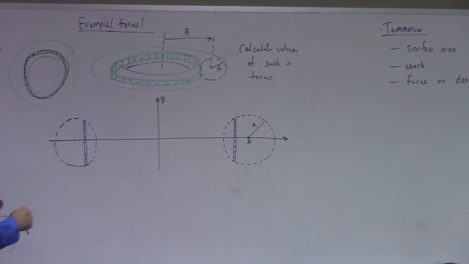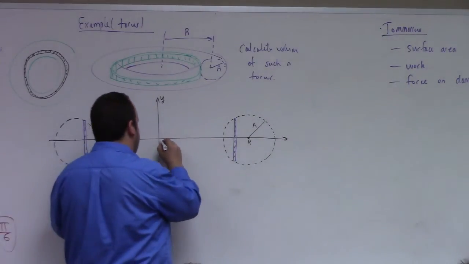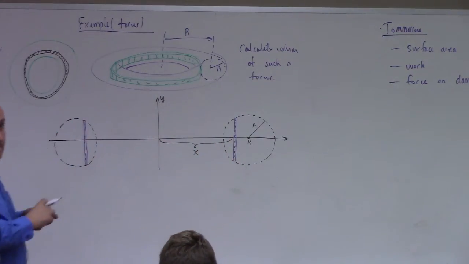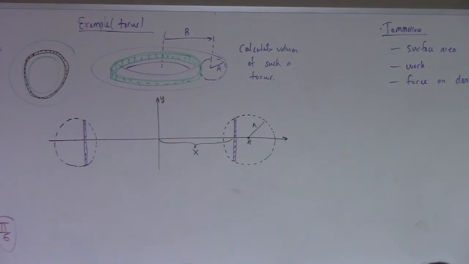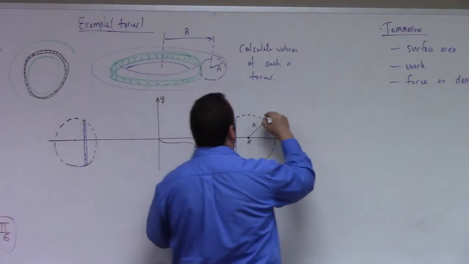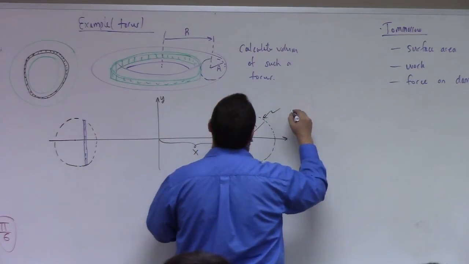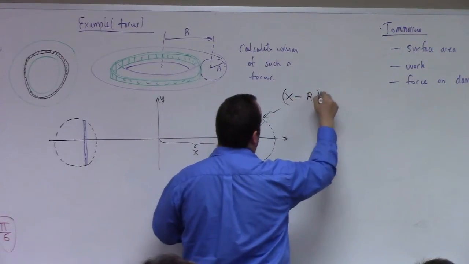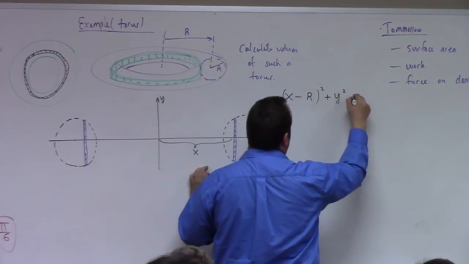Anyway, the point is we need to figure out the volume of the cylindrical shell. First of all, we find it at position x, coordinate x. What's the equation of this circle? We've got x minus r quantity squared plus y squared equals a squared.